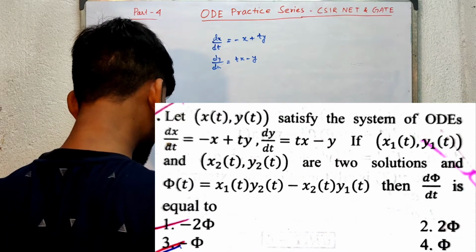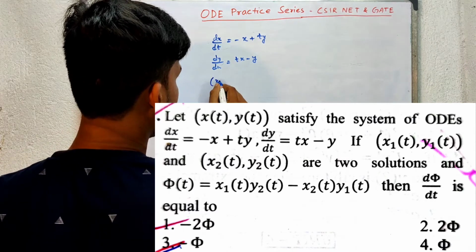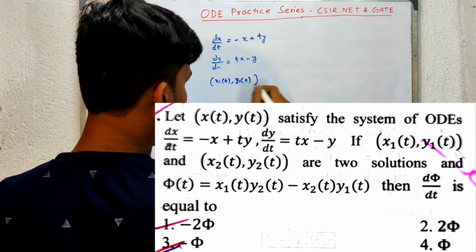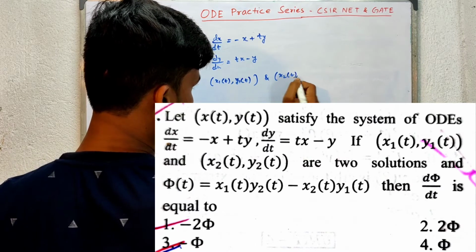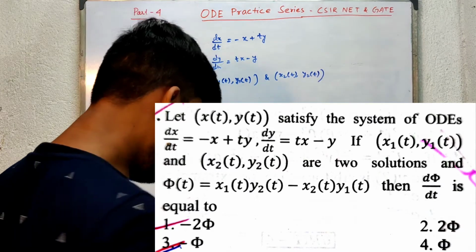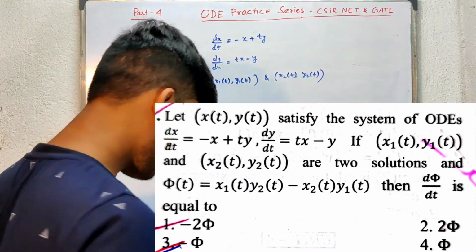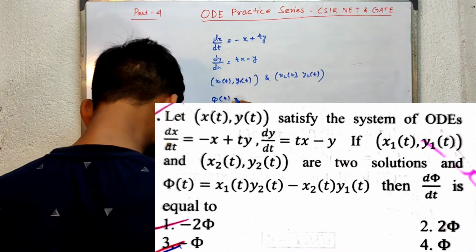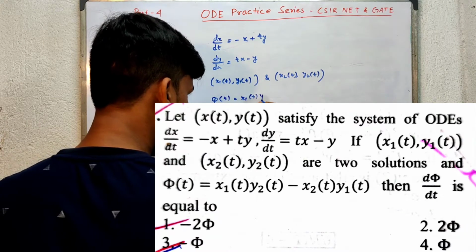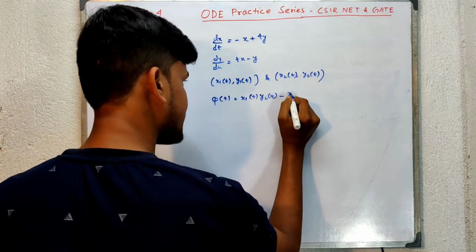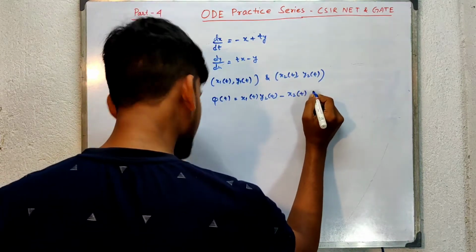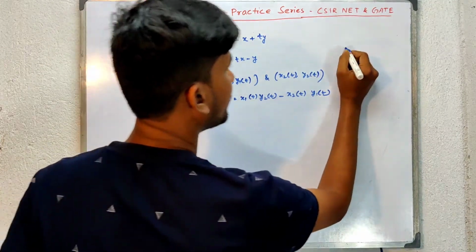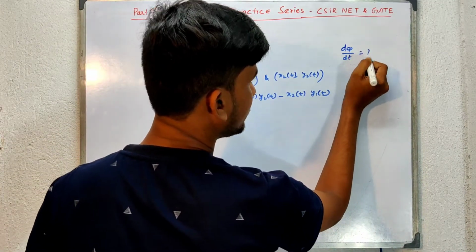If (x1(t), y1(t)) and (x2(t), y2(t)) are two solutions of these equations, and phi(t) is equal to x1(t) y2(t) minus x2(t) y1(t), then we have to find the value of d phi/dt.